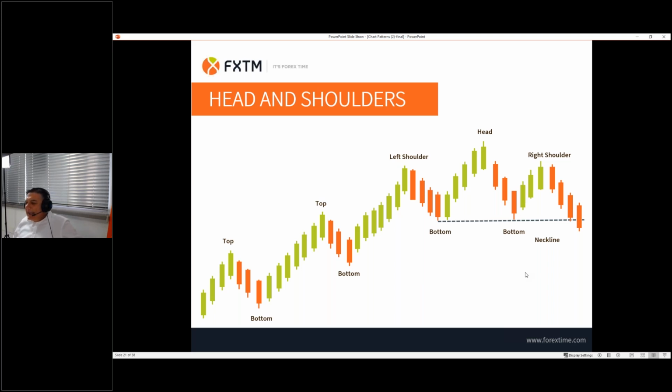What is breaking the support and resistance? So you see this candlestick that falls below the neckline or below the support if you like, then we say that prices break the support.